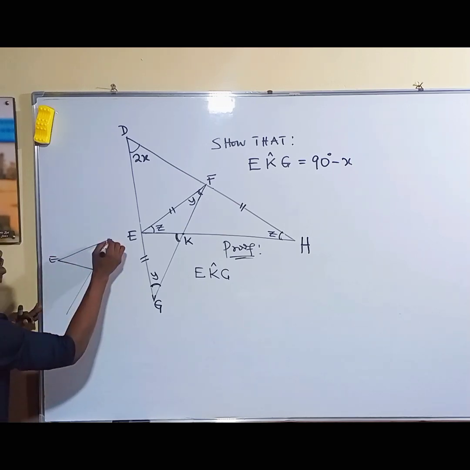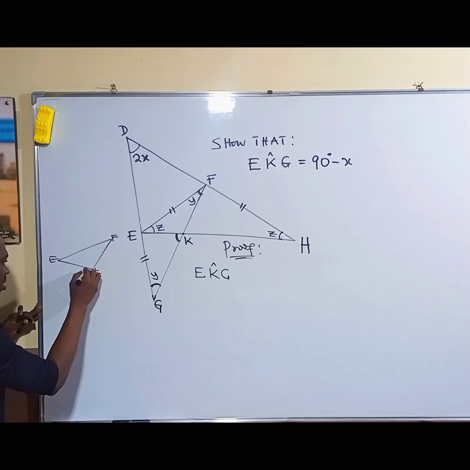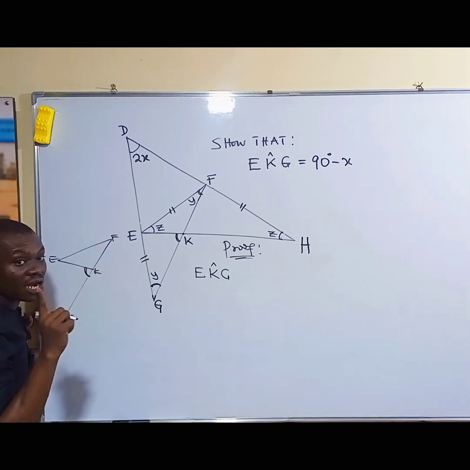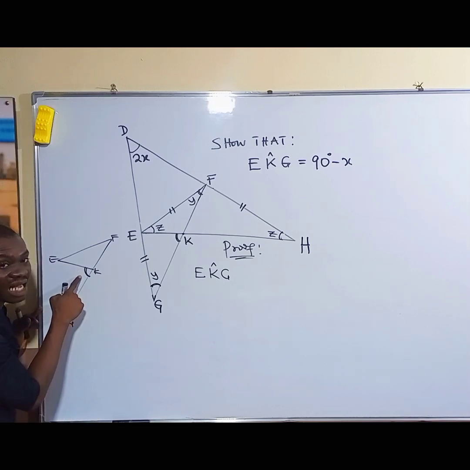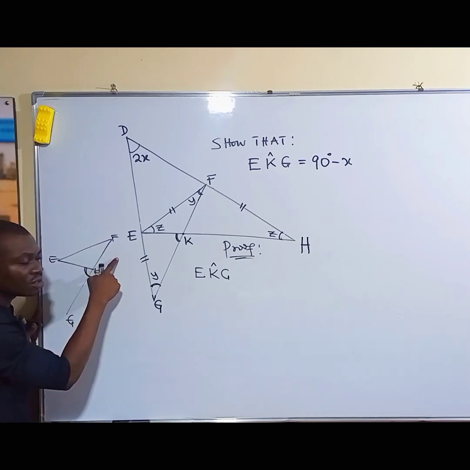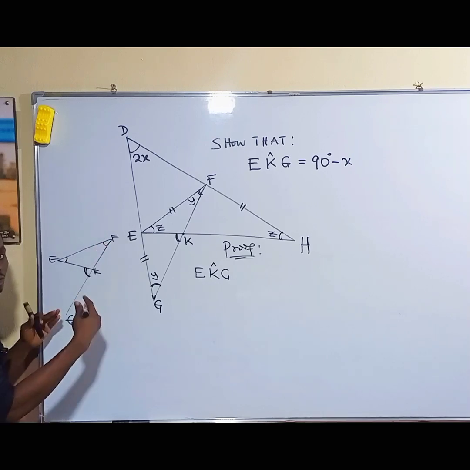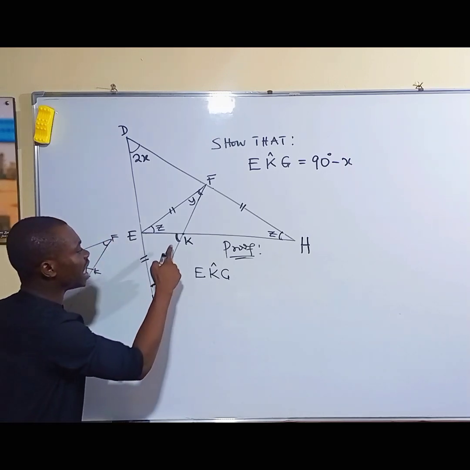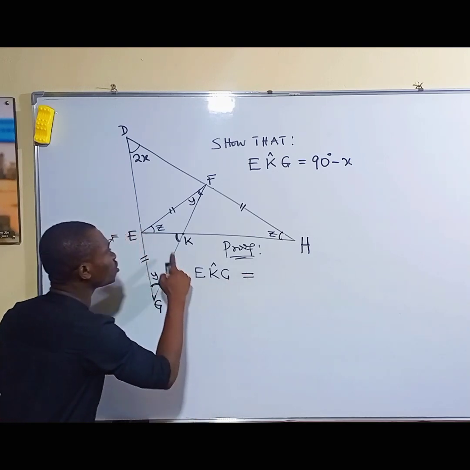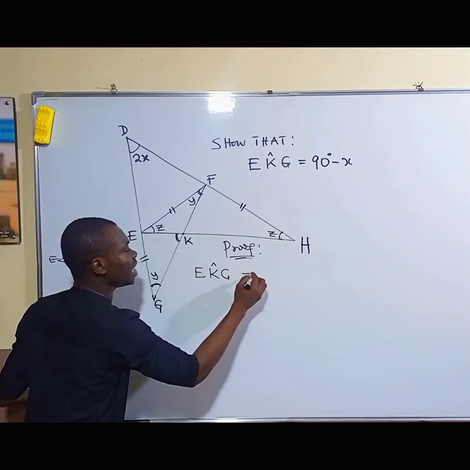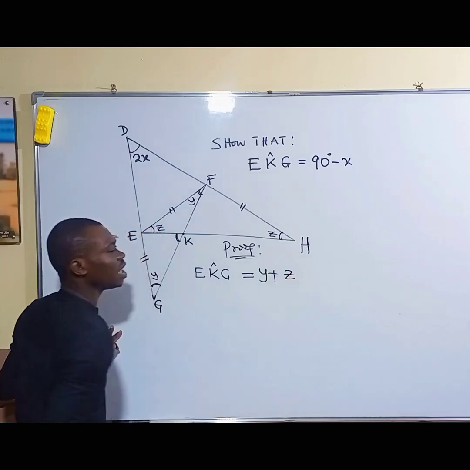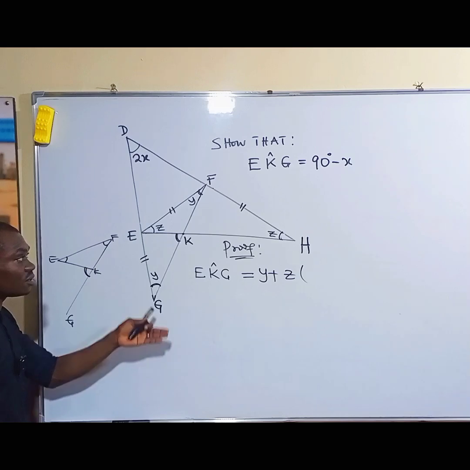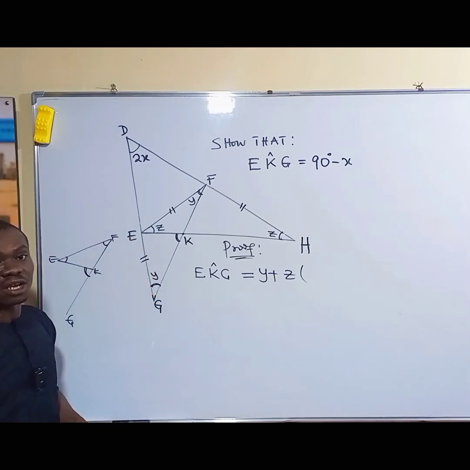So this is EFK, and the angle we are looking for is external to this triangle. Remember, we are told that the external angle to any triangle is equal to the sum of the two interior opposite angles. So this angle is equal to Y plus Z. You can put your reason if you want: external angle of triangle EFK.